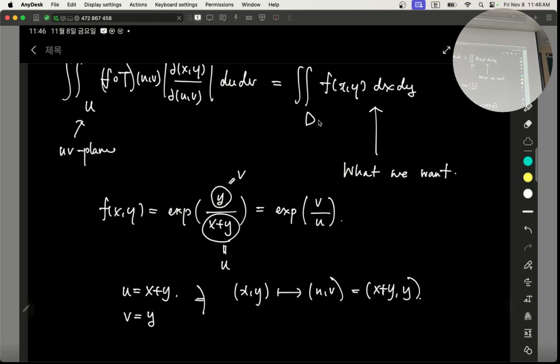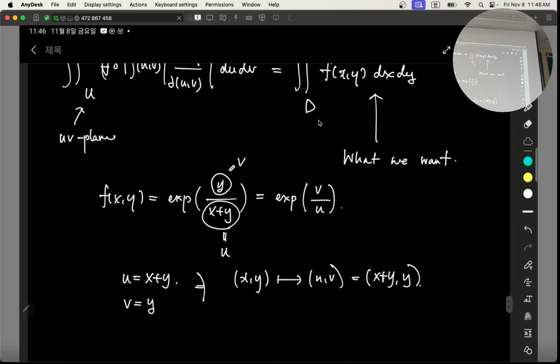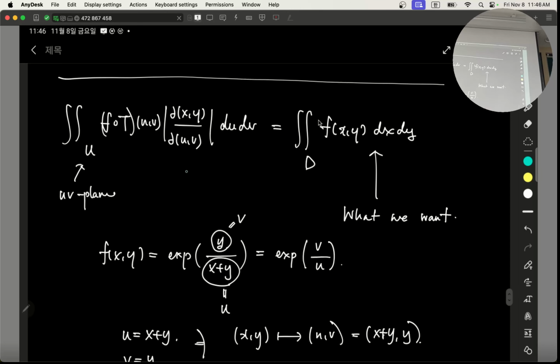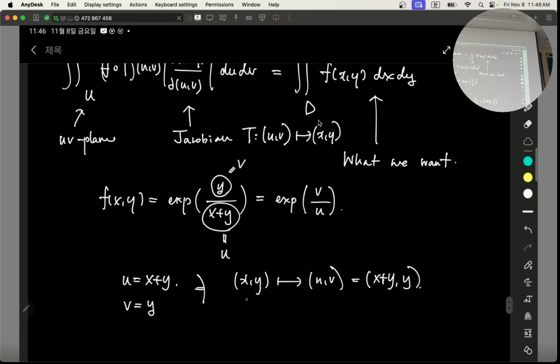But let's look at the Jacobian for integration by substitution. We want this as the Jacobian. So this is the Jacobian of the transformation that sends uv to xy, right? Because xy is on the top. But by substitution, what we found is xy is sent to uv.